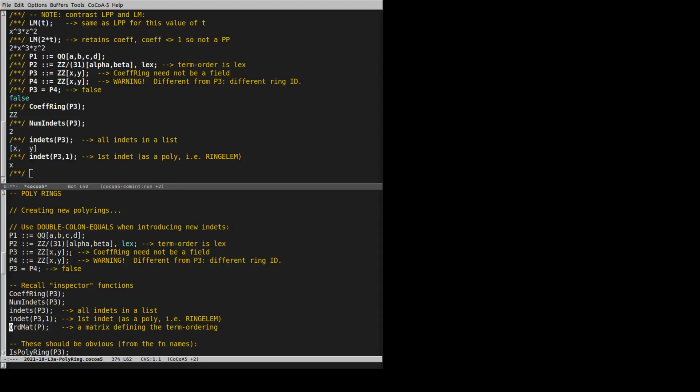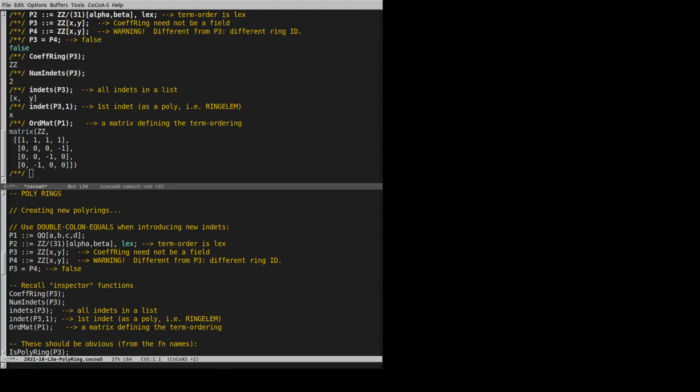So OrdMat for P, I think P was defined earlier on. Well, I'll take P1. We'll send that to CoCoA. And so what we see here, for example, is a matrix that represents the DegRevLex term ordering for 4 indeterminates.